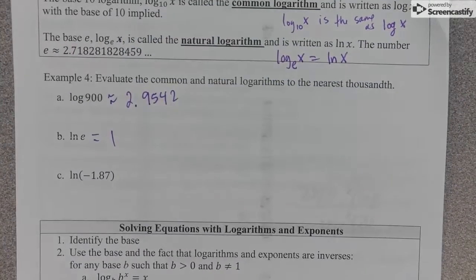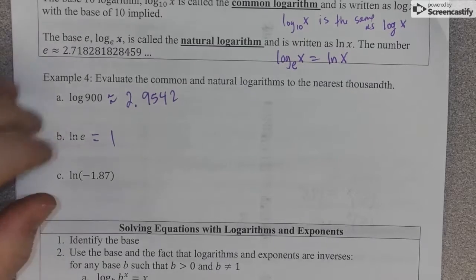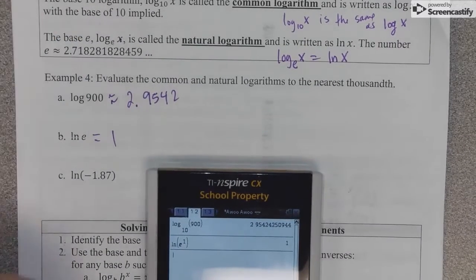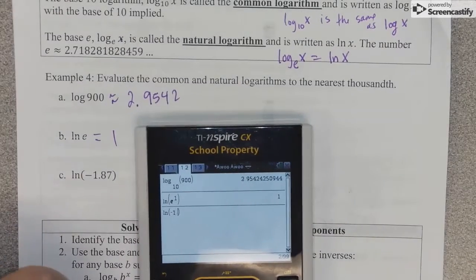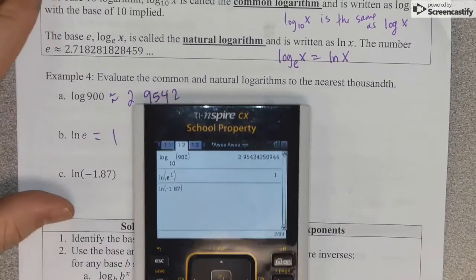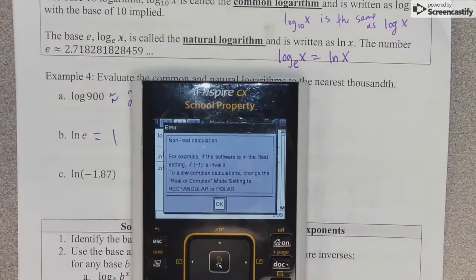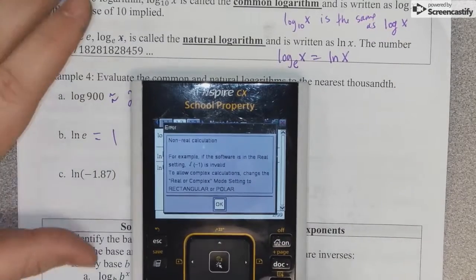ln of negative 1.87, well, you can't have a negative result, as we said earlier. So if we plug in ln negative 1.87, you would get something that is undefined. It says non-real calculation.